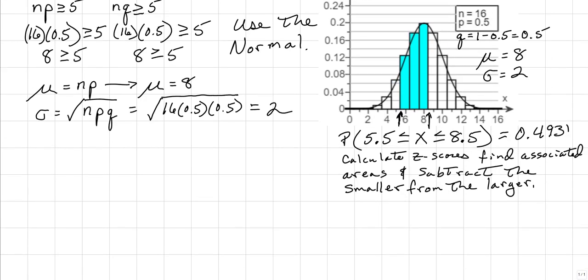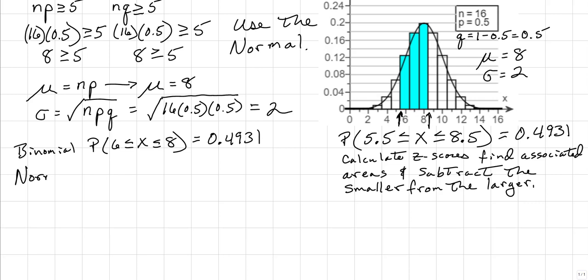And so let's compare that. The first one is the binomial, the probability going from 6 to 8, and we calculated that as 0.4931, and this is the normal. Using technology, we calculated 5.5 up to x up to 8.5, and that's also equal to 0.4931.